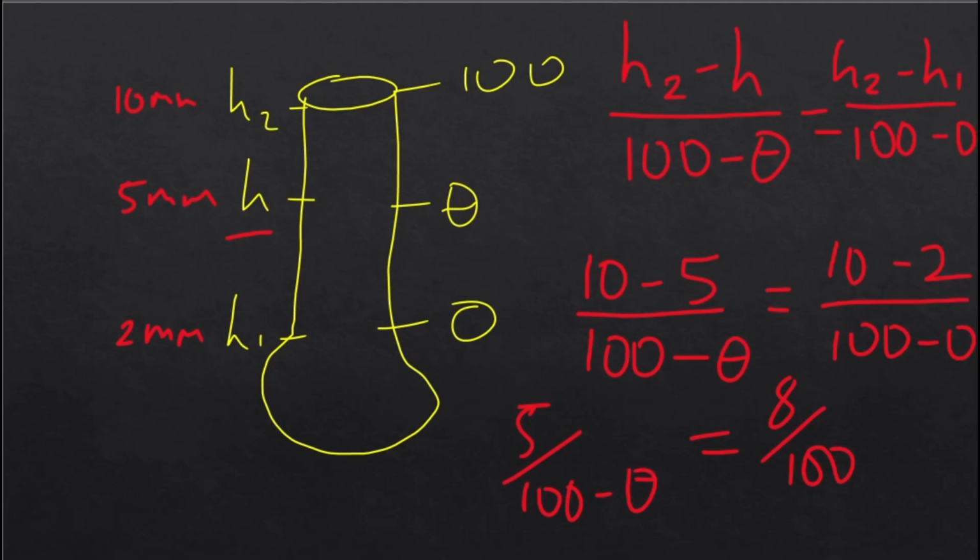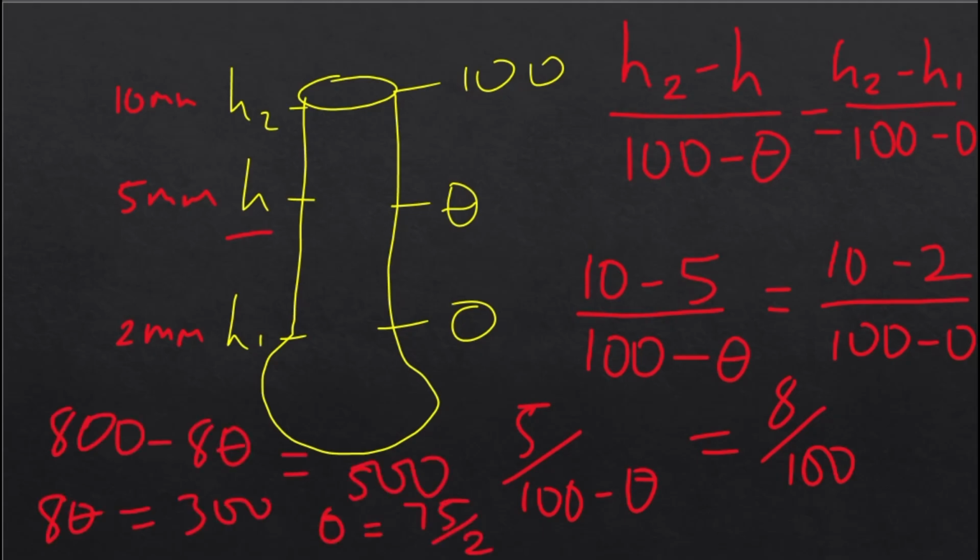So this is a linear equation that you can just solve for the value of theta. If you do a cross multiplication, you end up with this: 800 times 100 minus theta is just 800 minus 8 theta, equal to 5 times 100, which is 500. So you group like terms and you end up with 8 theta equal to 300.